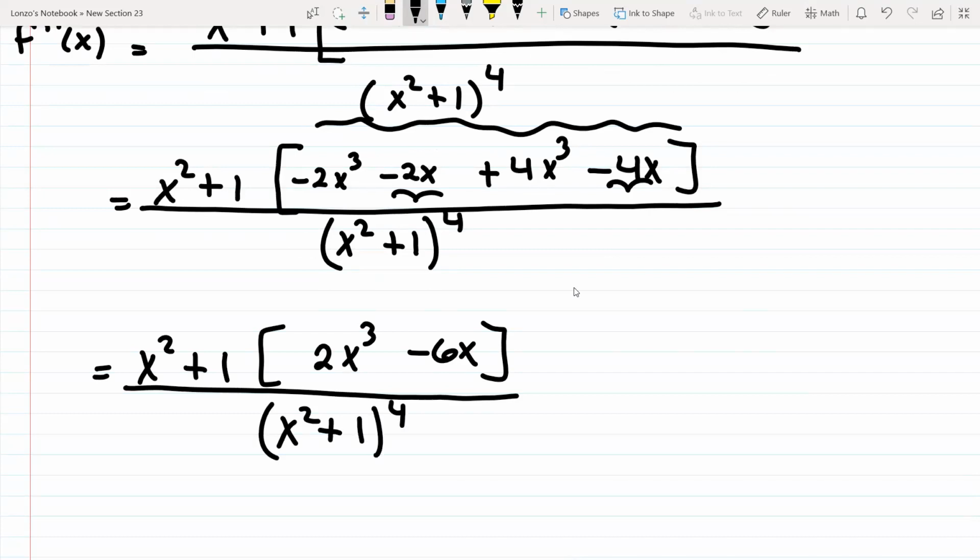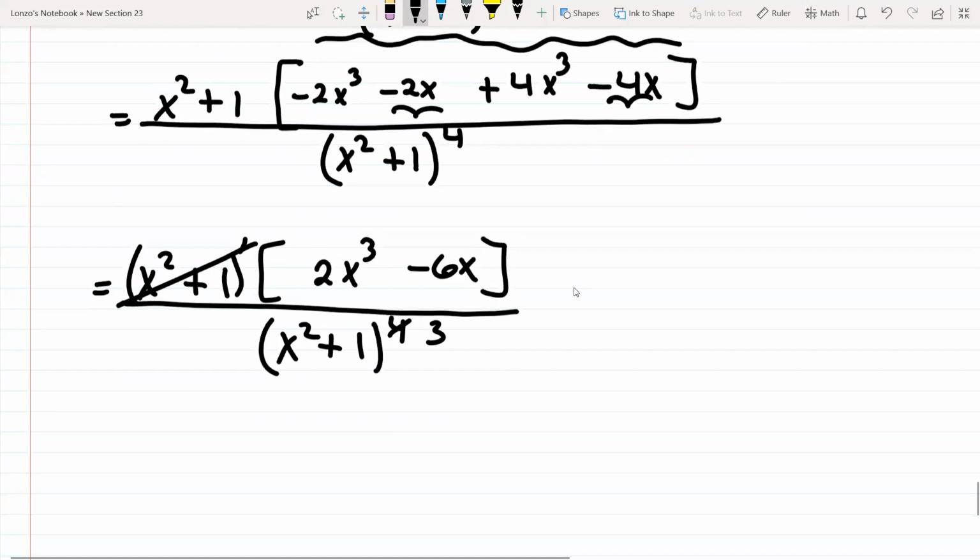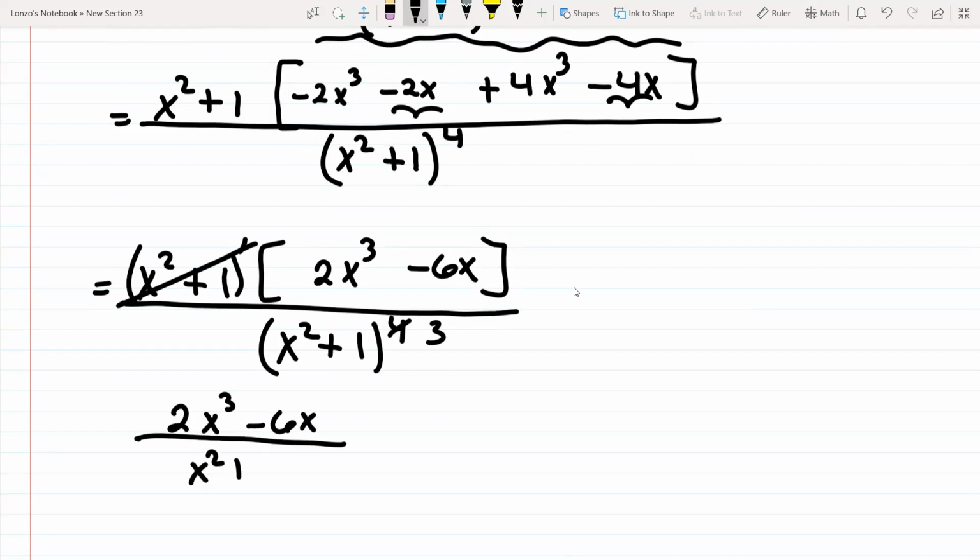And then what can we cancel? I think we could cancel x squared plus 1. So how much can we take out? This has a power of 1, so this cancels, and this just becomes a 3. So you're left with 2x cubed minus 6x all over x squared plus 1 to the third.